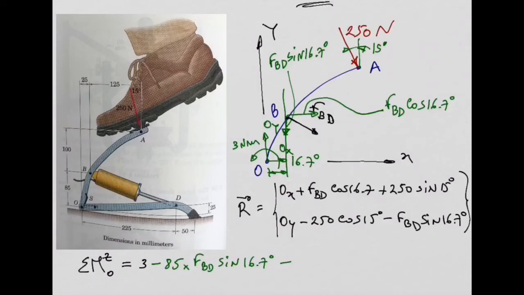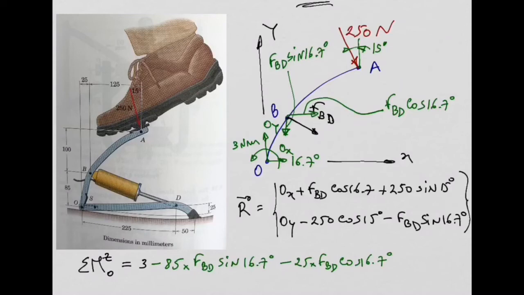How much is that distance? 25, right? So minus 25 times FBD cos 16.7. All right? So that moment produced by FBD about point O is done.